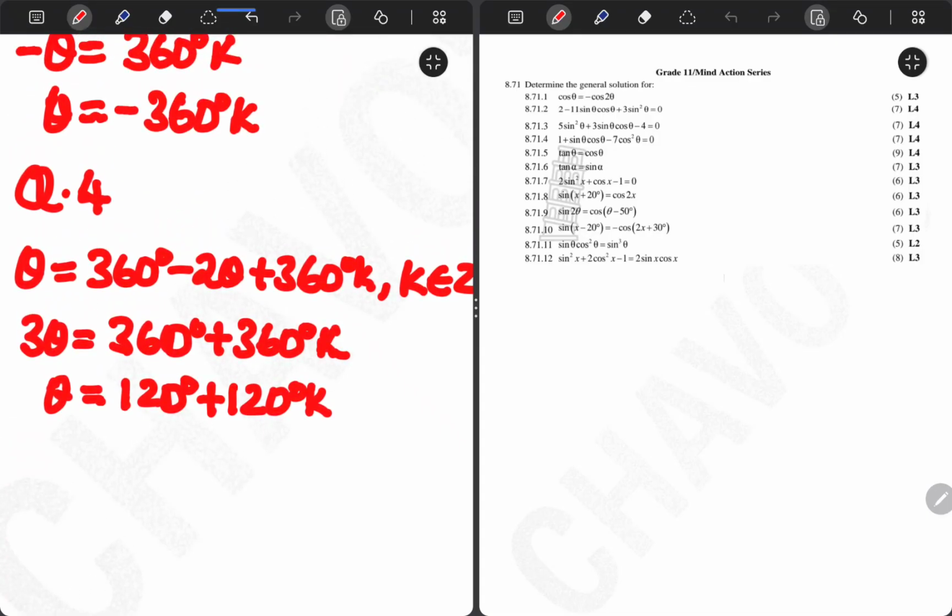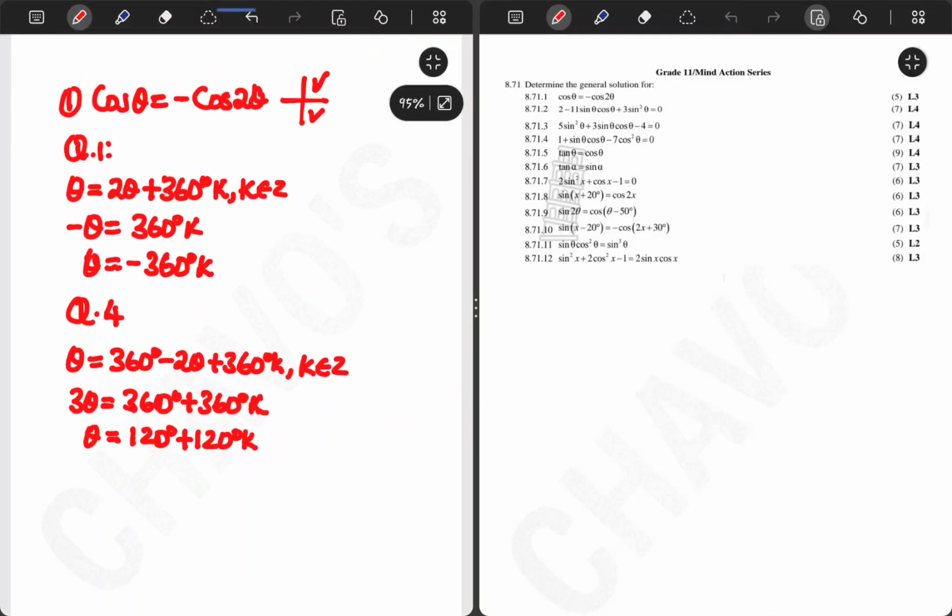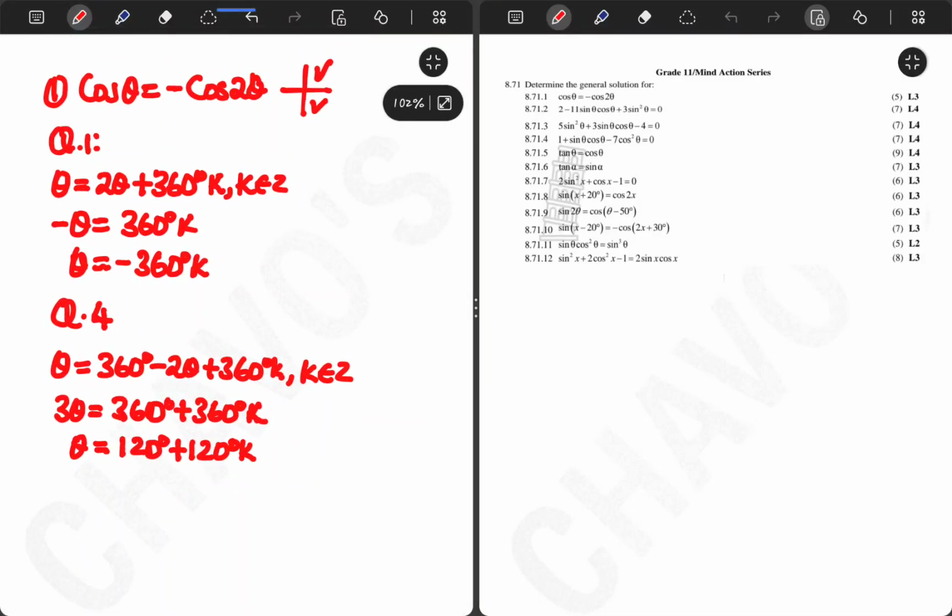So that's all with this first one. This is the solution for 8.71.1. And here we're working for 5 marks, as we can see. That's a level 3 question. It's a higher grade question. And level 4 is a higher grade as well. So level 3 and 4 here are higher grade.